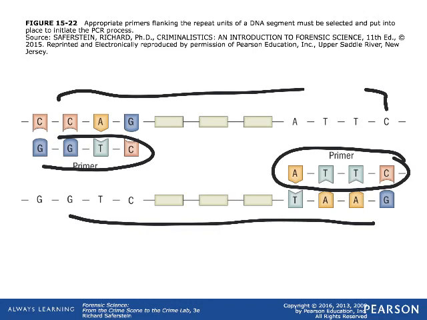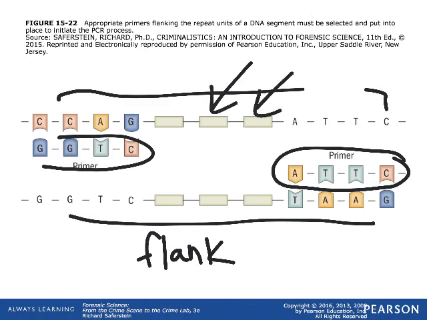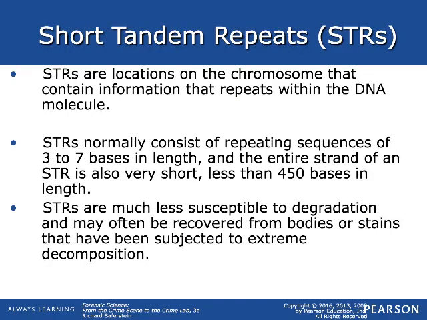So A is going to pair with T, C is going to pair with G, and they're going to flank a sequence of DNA that we're interested in copying. Okay, so we want to copy this stuff that's in the middle. So we're going to make DNA that we know will bind to the edges of it. And those are called primers.